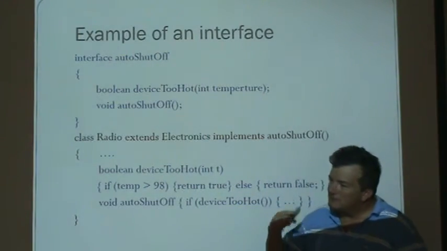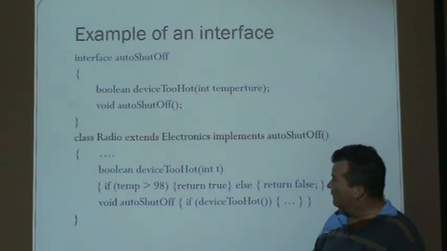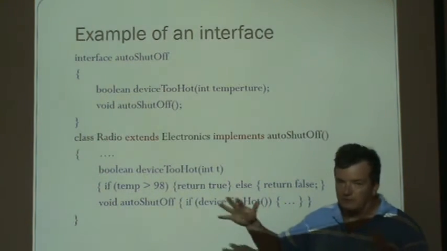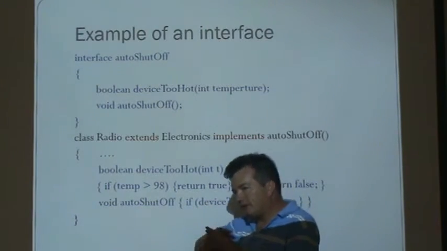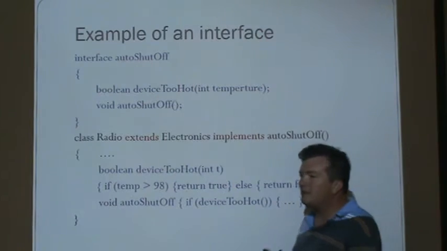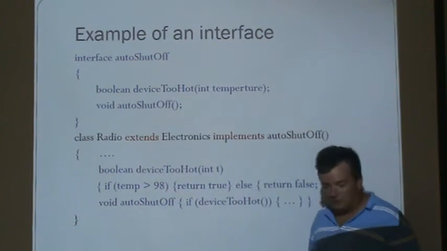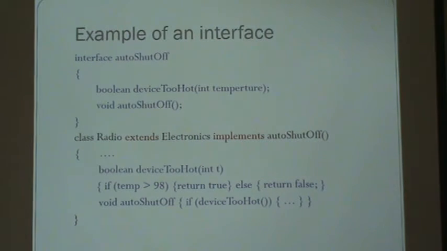But what if only some of our products should have a method, like a Boolean method that says the device is too hot, and if it's too hot, then do an auto shut off. If only some of them should have that, then what should we do? So it's kind of a design question.